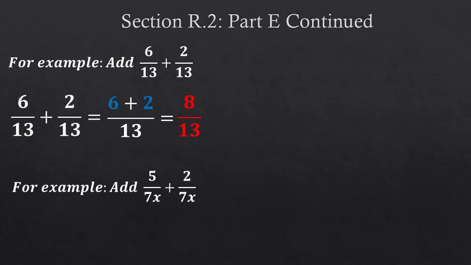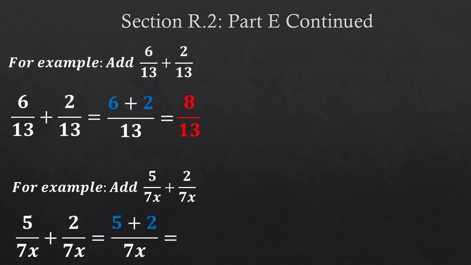Add 5 over 7x to 2 over 7x, same denominator, combine their numerators. Therefore, we will get 5 added to 2, or positive 5 combined with the positive 2, same signs, add and keep the common sign, gives me 7 over 7x.